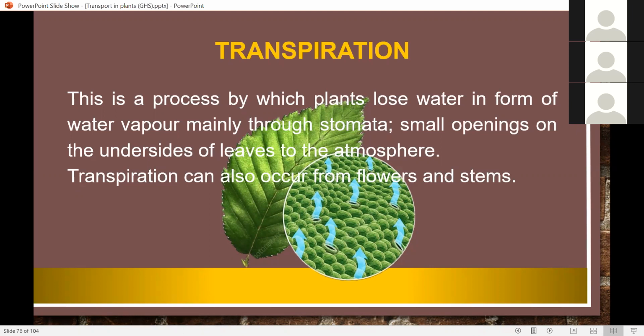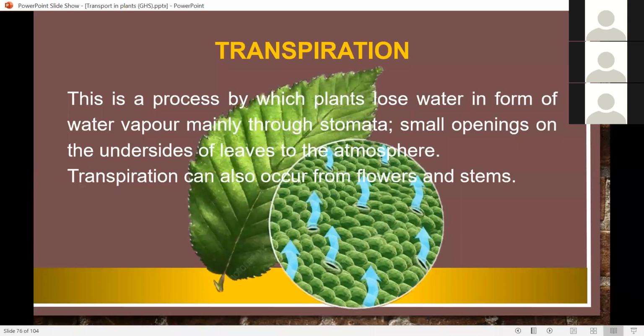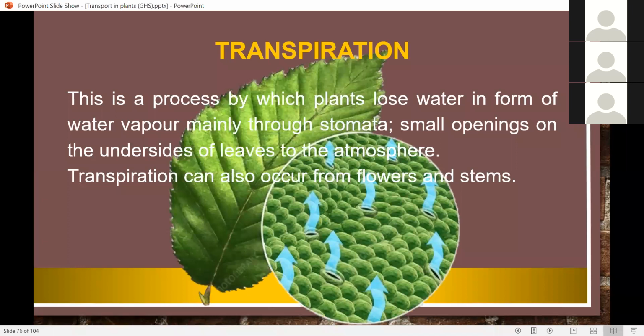But we said that transpiration can also occur through stems and flowers. Through stems, there are small openings called the lenticels, and the flowers also have stomata.